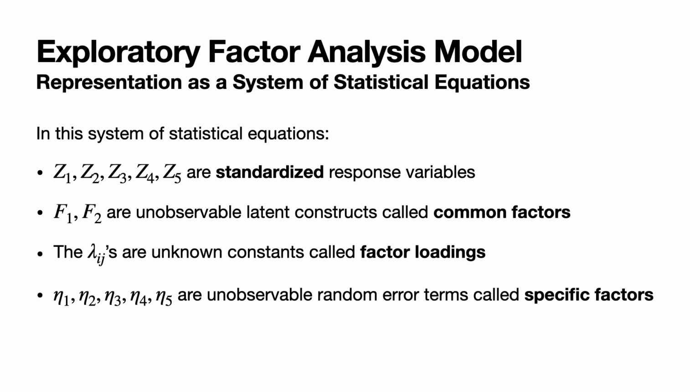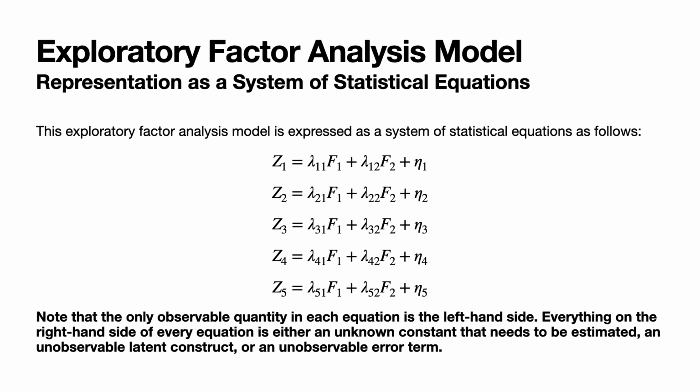Finally, eta 1, eta 2, and so forth up to eta 5 are unobservable random error terms, and in the context of exploratory factor analysis, those are called specific factors. So we have common factors, the latent constructs whose effects we're trying to identify using indicators, and then we have the random error terms, eta 1 through eta 5.